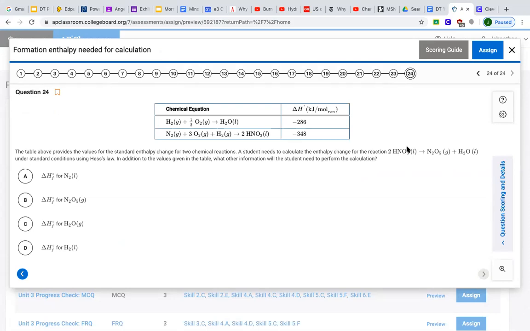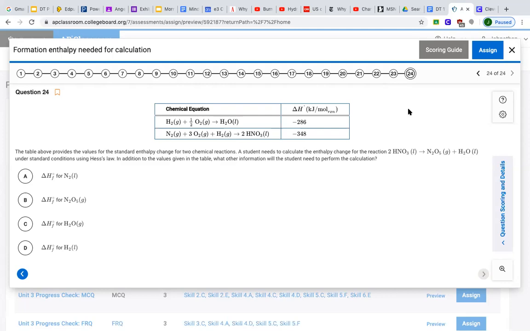All right, so the table above provides the values for the standard enthalpy change for two chemical reactions. A student needs to calculate the enthalpy change for the reaction of nitric acid, liquid, going to 2N2O5 gas plus H2O liquid, under standard conditions using Hess's law.